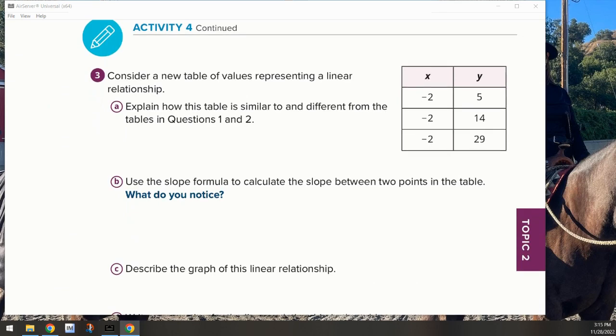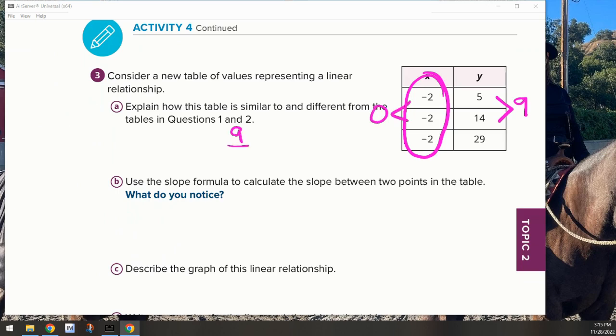Okay, now I'm going to look at this one. My x values are exactly the same. So when I do this, this goes up by, why can't I add? That goes up by 9. I subtract that, 0.